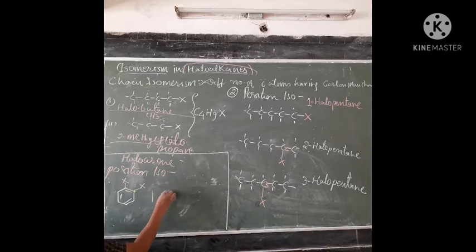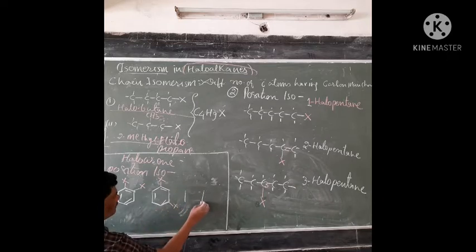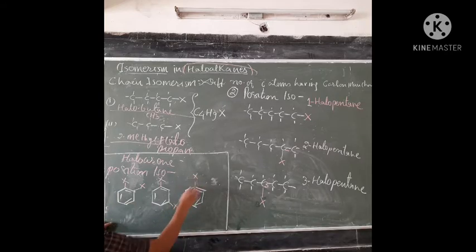One more compound where X is present here and the X is present here, and the next one where X is present here and the X is present here. So the position of X is on different numbered carbon atoms of the benzene. Therefore, it is also known as position isomerism.